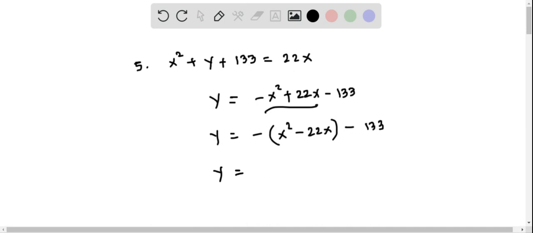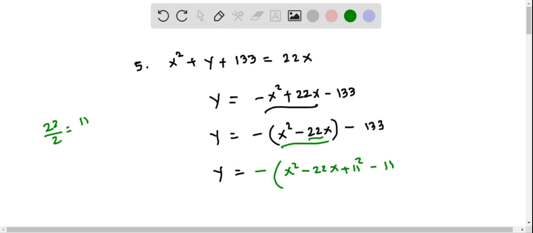Now we are going to complete the square for this expression x squared minus 22x. So we have to take half of this 22, which is 11. We should add its square and subtract its square. So this becomes x squared minus 22x plus 11 squared minus 11 squared, in a bracket, minus 133.